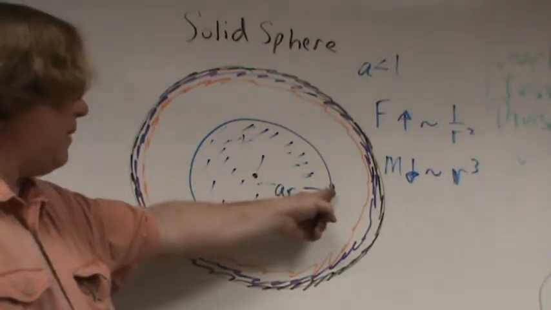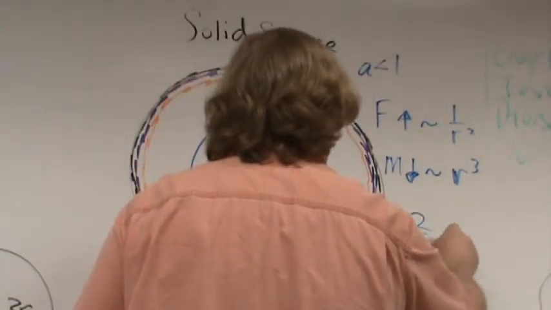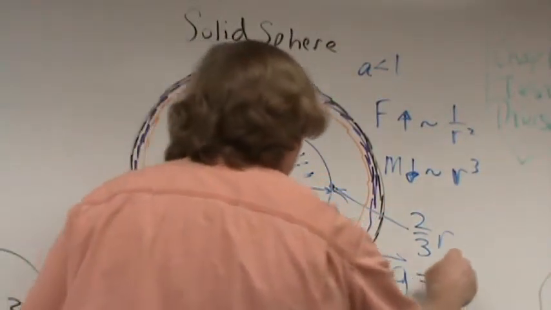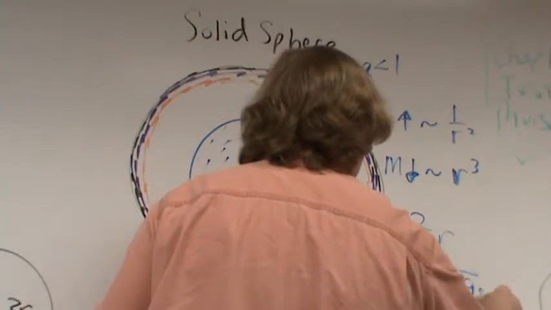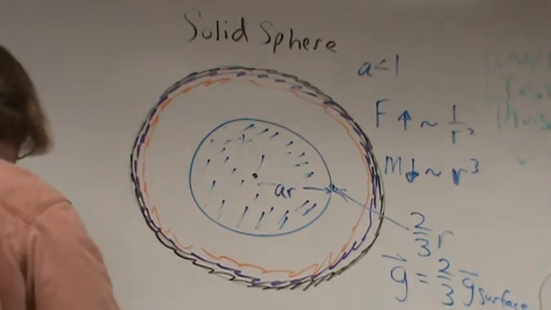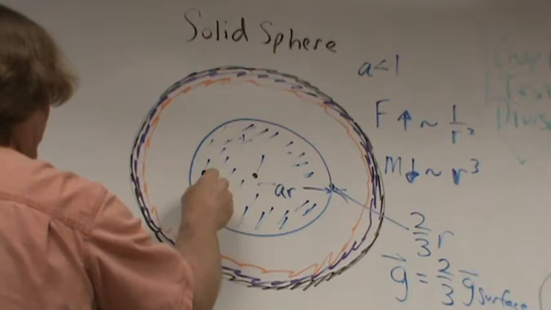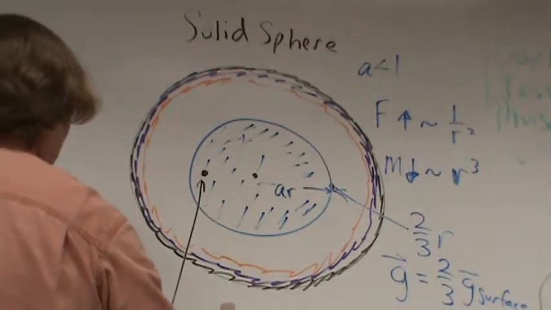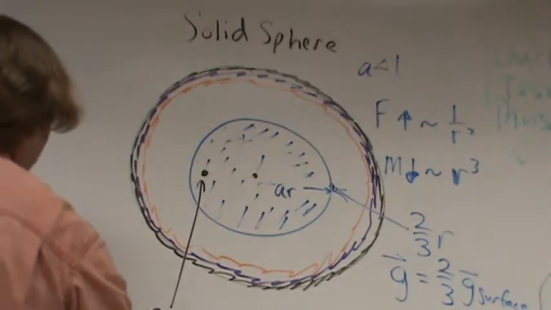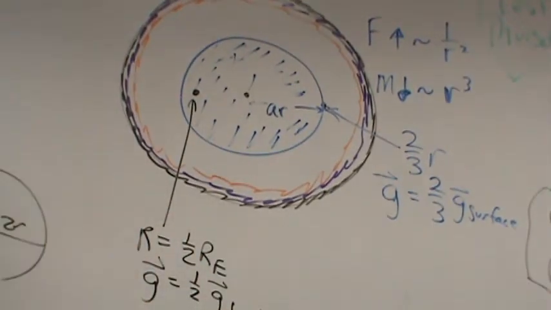That is, if this guy right here is at 2/3 r, then your gravitational field is going to be 2/3 what the gravitational field is at the surface of the Earth. Or if I chose another point, like half the radius of the Earth, then the gravitational field is going to be 1/2 times the gravitational field at the surface of the Earth, right?